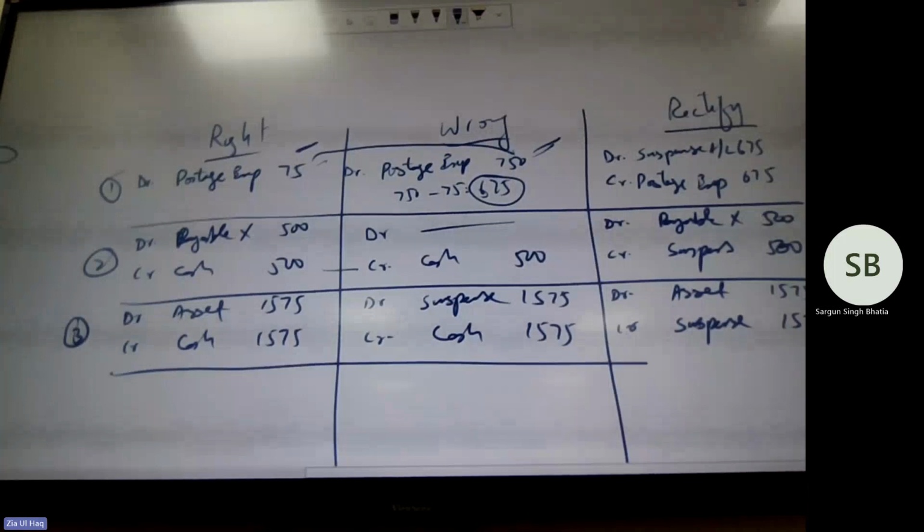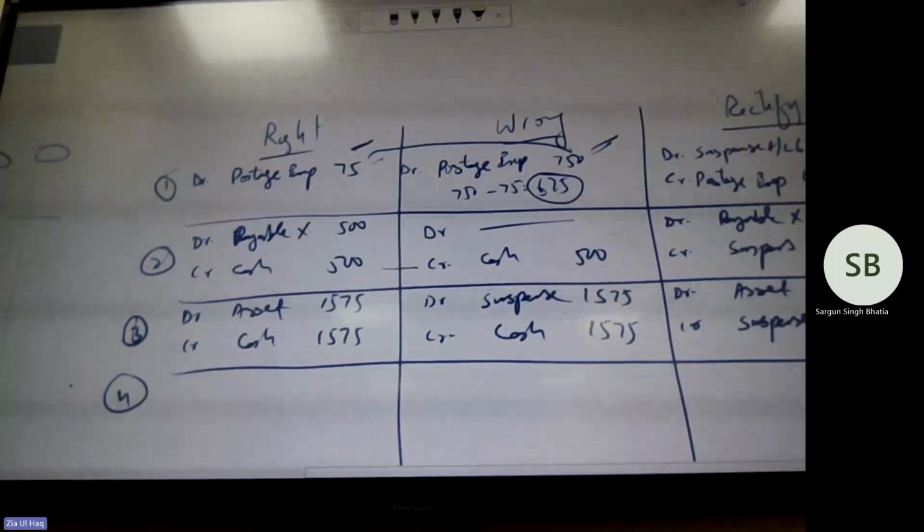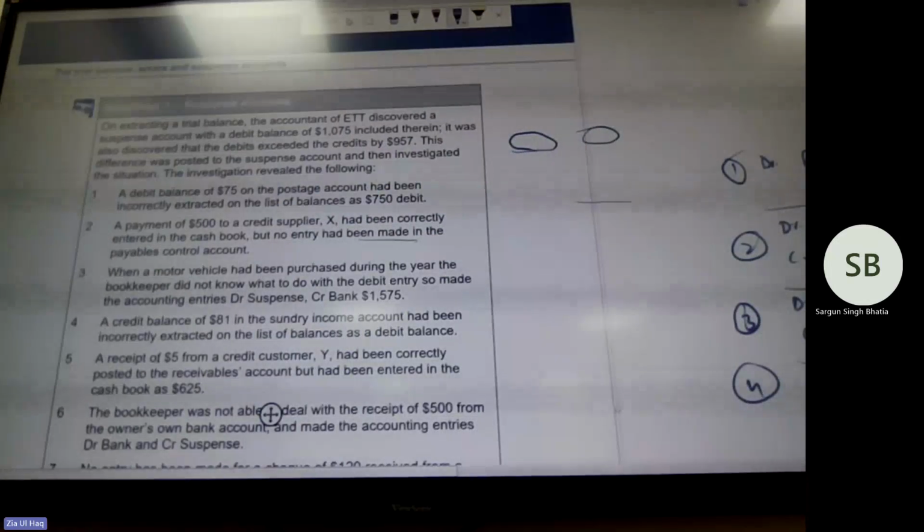So number three done. Now we are moving towards number four. See what happened in number four. A credit balance of 81 in the sundry income account, meaning the income should be credited with 81, had been incorrectly extracted on the list of balances as a debit balance.